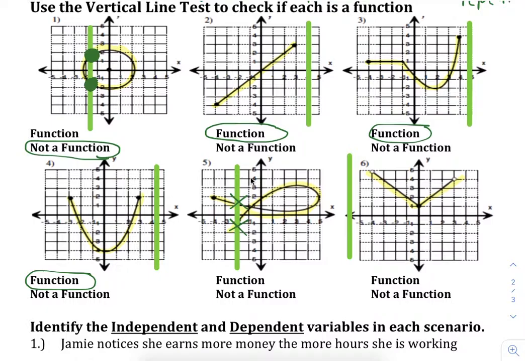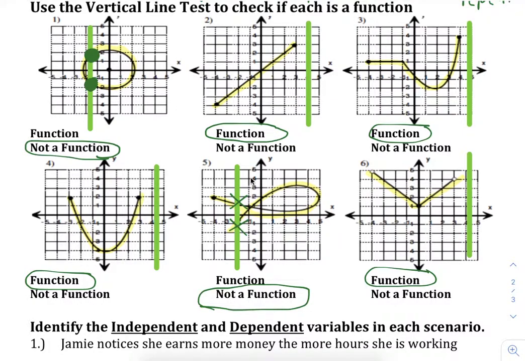That's a fail. So since I hit the graph more than one time, that is not a function. Final problem. Sliding my vertical line across, I hit one time, only once, and he passes. We are all good. He is a function.